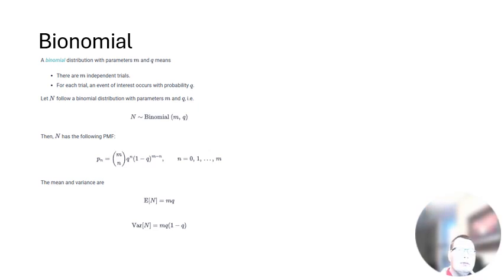If you flip 3 times, and we are asking for the probability of N equal to 2, twice you will have heads, then your probability p_2 will be equal to 3 choose 2, times half to the power of 2, and another 1 minus half to the power of 1. In this case, q and 1 minus q are both half, but in other examples, q and 1 minus q could be different.